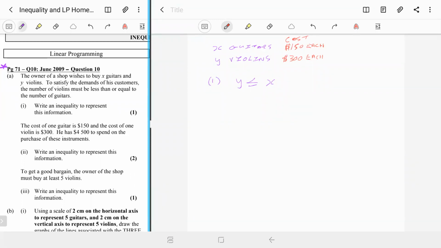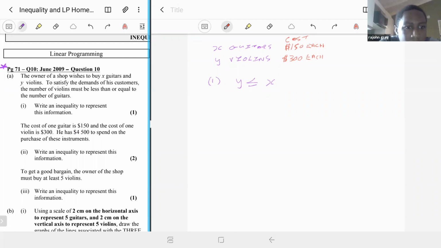And he's paying $150 for each of the guitars and $300 for each of the violins. And he has $4,500 in his pocket to spend. Somebody tell me now, what is the limitation? We're gonna write an inequality now for that information. He only has $4,500 to spend.